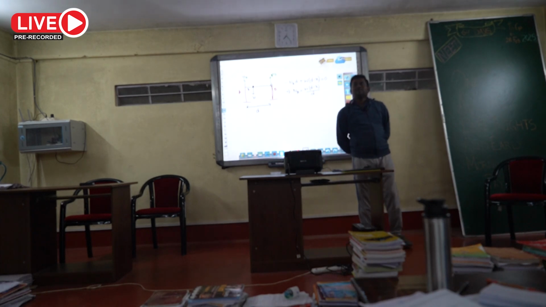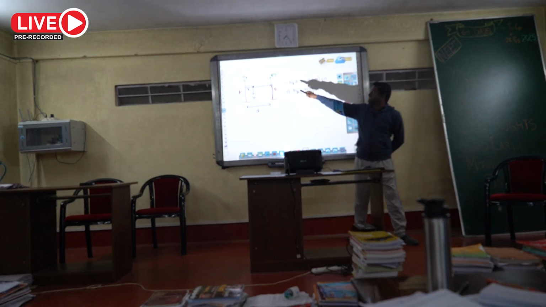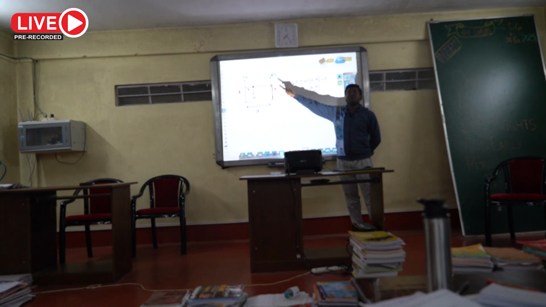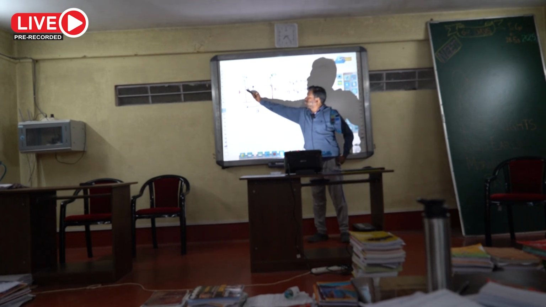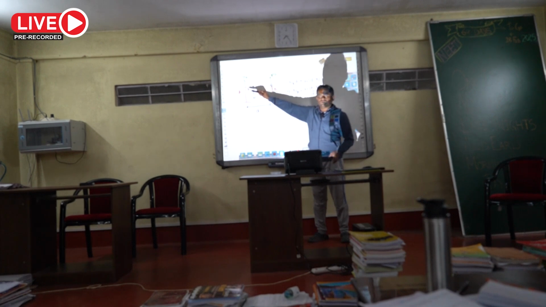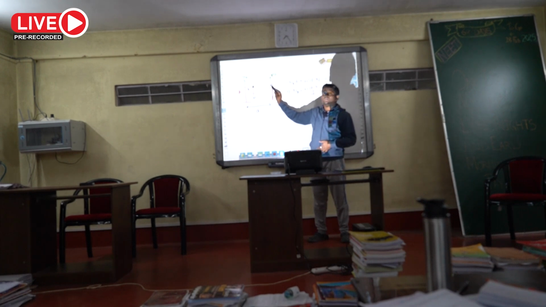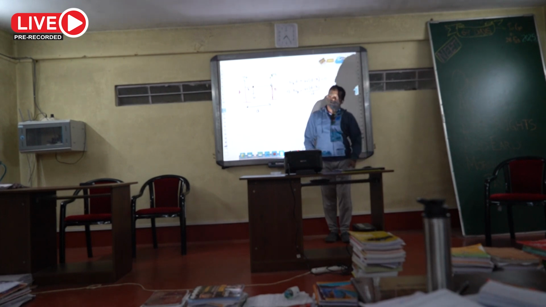Then from the translational equilibrium equation, that is NA plus NB equal to W, you have to eliminate NB and find this relation. Or if you calculate about this point, then NA's torque will be 0, so the NA term is absent, so you have NB. Then in the translational equilibrium you have to substitute the value of NB to find the value of NA.